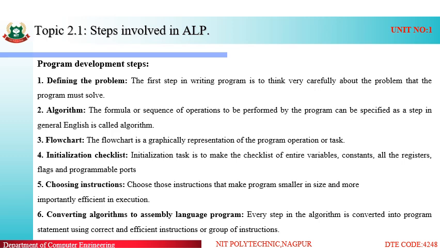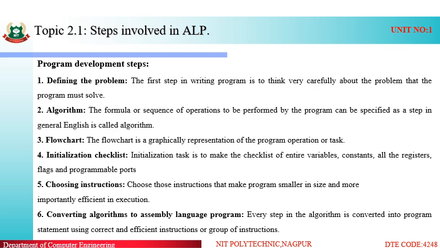So here if we consider an example of a problem, that is to add two numbers, first step is problem definition. So the problem is to add the two numbers. Second step, that is algorithm, how we will write the step by step procedure.